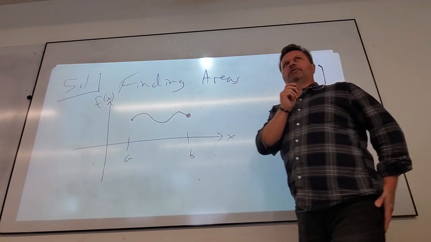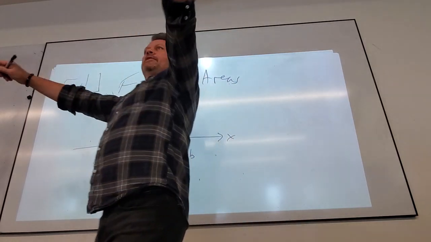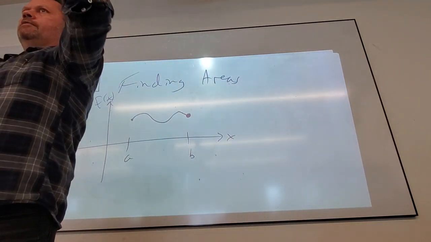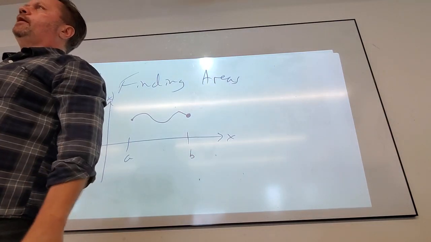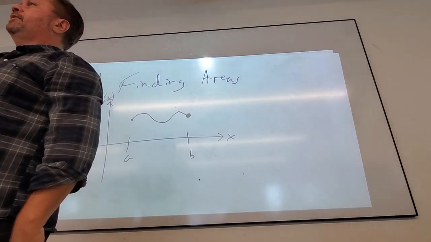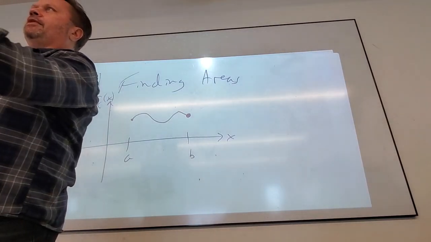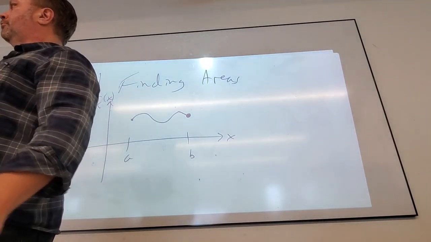Look at that little function. It might exist beyond A and B, but all we care about is between A and B. Yes? Now we're going to extend this later. It actually does not need to be continuous, believe it or not, for this next bit. But we'll start with one that just looks a little bit more normal.